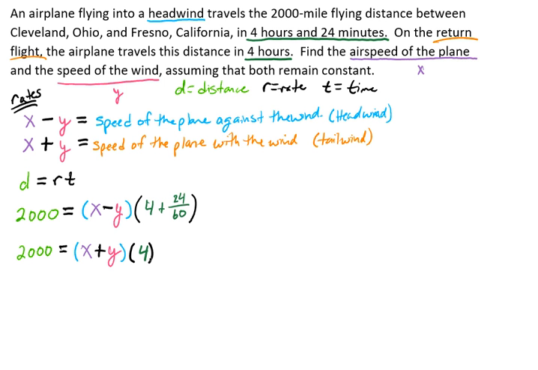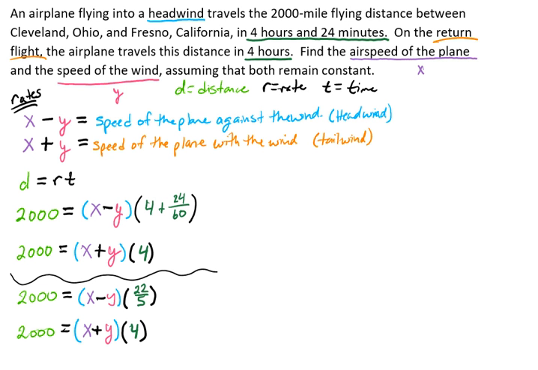We simplify 4 plus 24 over 60, and that gives us 2,000 equals x minus y times 22 over 5. We'll write our second equation as is, because we're not changing anything there.